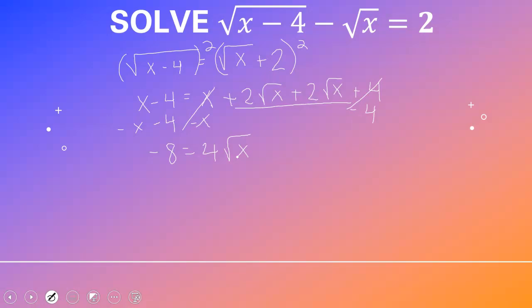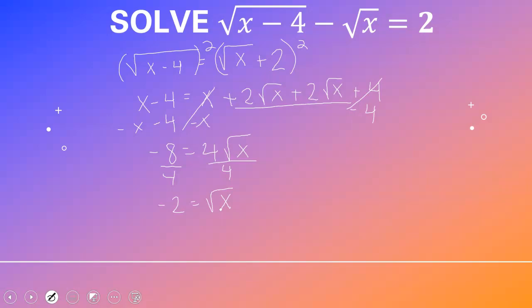We now want to isolate our square root. And I can almost stop here if I know and think about what I know. Any number you plug in for the square root, is it ever going to come out to be a negative number?